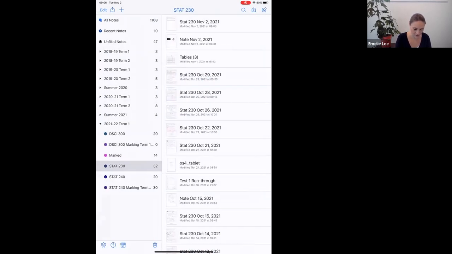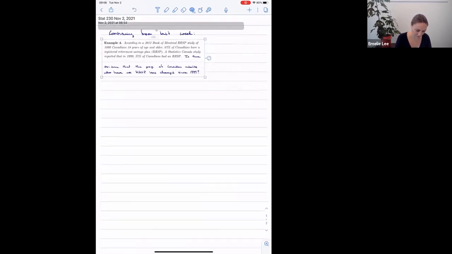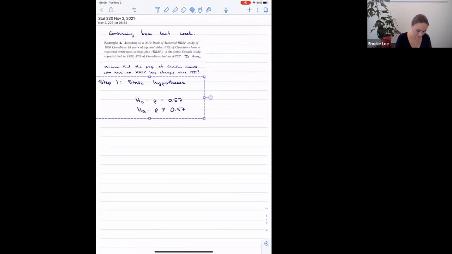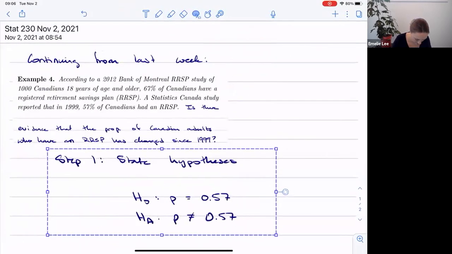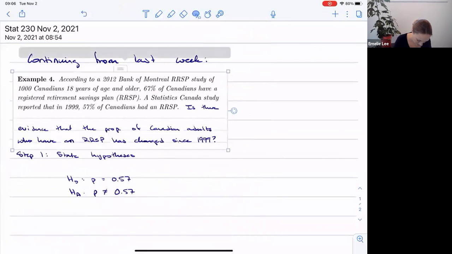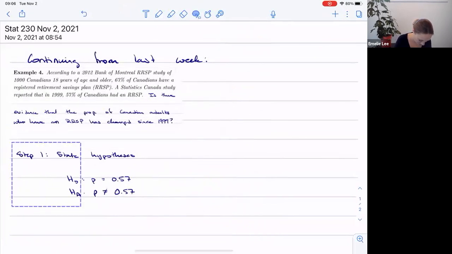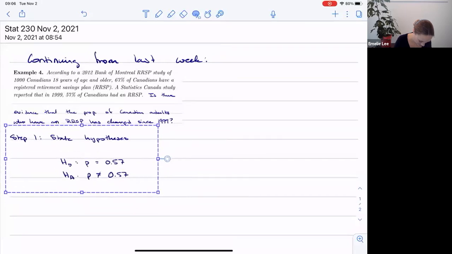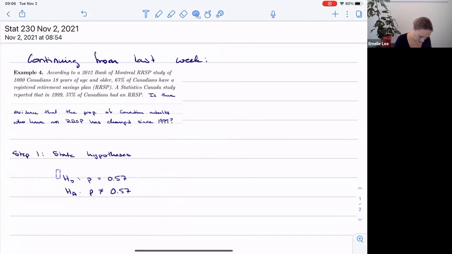Copy. How about, because I don't want it to take up a ton of space on your page, because you already have this presumably in your notes somewhere.